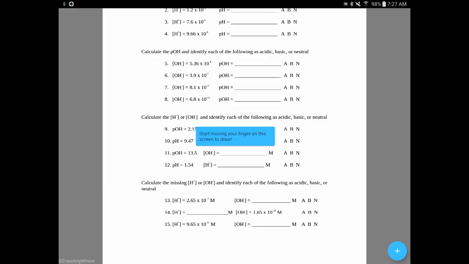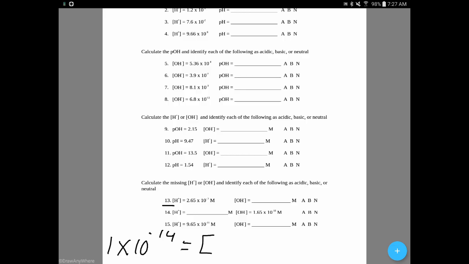With this, we're going to use 1 times 10 to the negative 14th equals H plus times OH minus. So I'll write that down here.